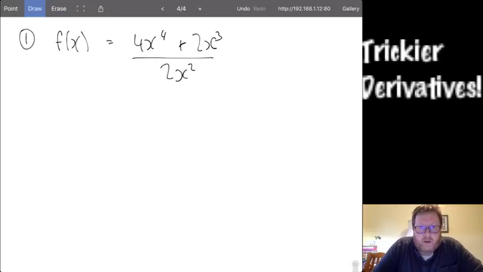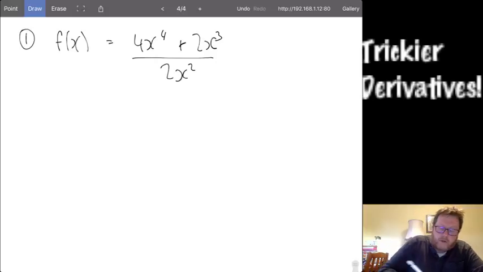I want to do whatever I can to get rid of that fraction there. So what are we going to do? What I might do is give you a minute to try yourself, see what the steps might be in order to get rid of that fraction, and then you can come back to the video and see the solution.